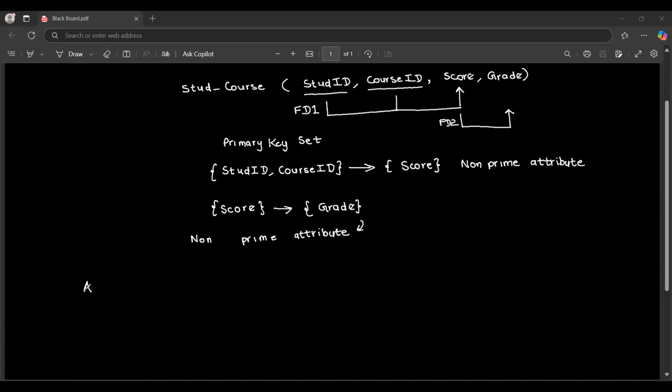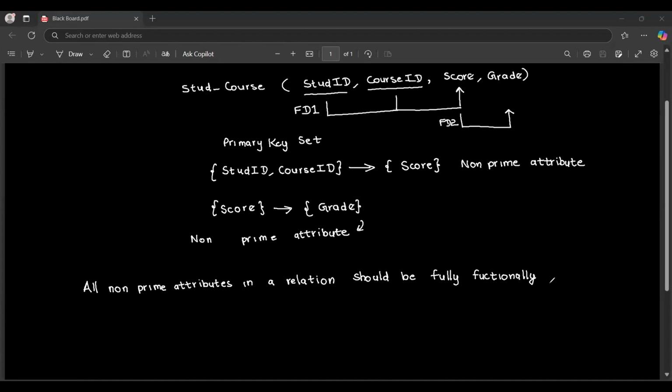That's why we say all non-prime attributes in a relation should be fully functionally dependent. Why do we say fully functionally dependent? If a relation is in 2NF only, we can go for the 3NF conditions.